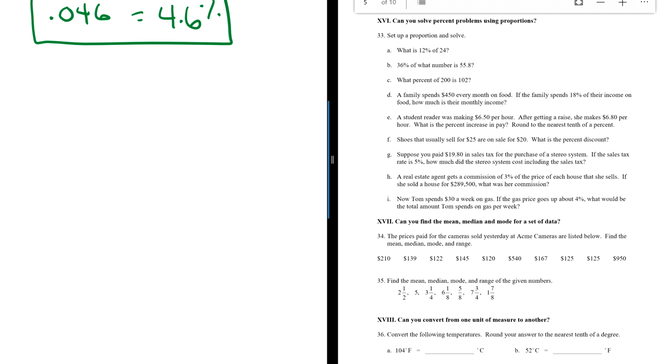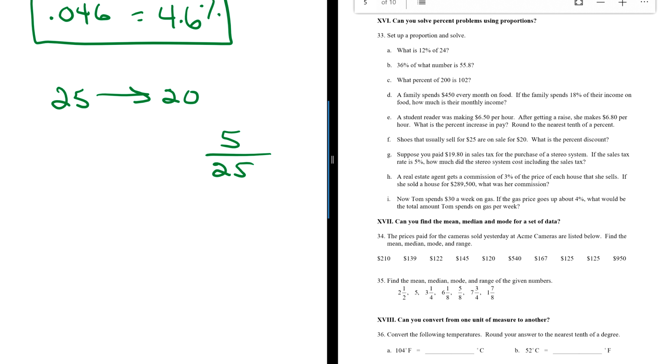So let's see. I'm going to go from 25, and now they sell for 20. So this one's easy. 25 minus 20 is 5, and I'm going to divide it by the 25, the original amount. I know it's a decrease, and we want to know what that percent decrease is.